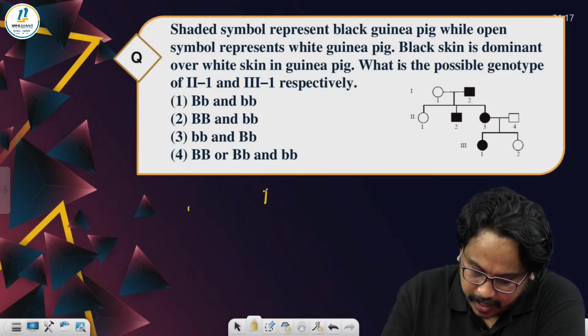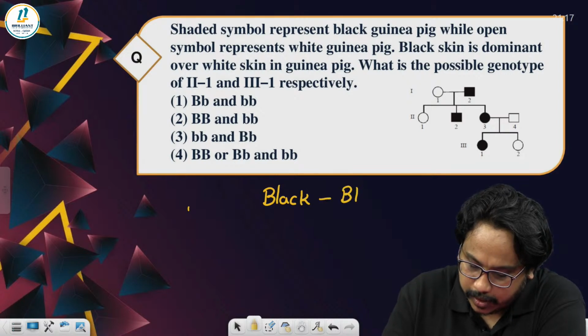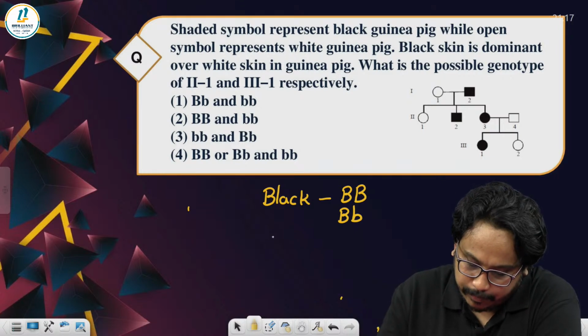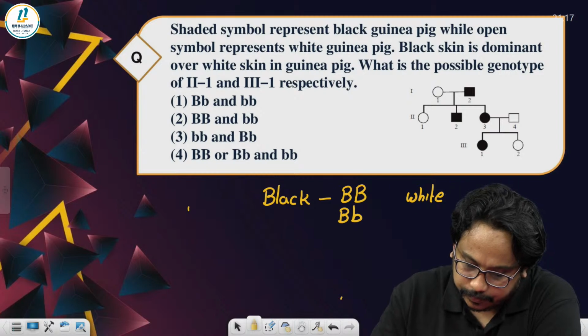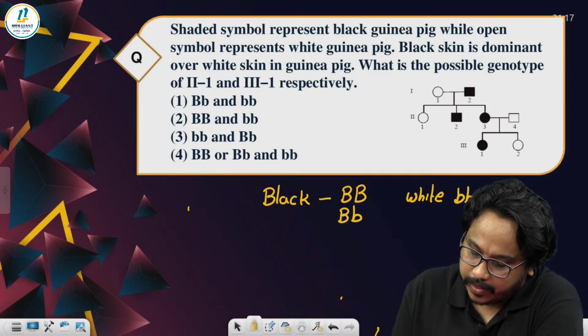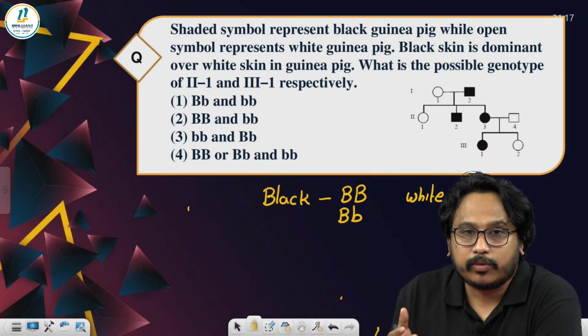If I am taking black, it can have two genotypes, either homozygous or heterozygous. Then white guinea pigs have only one genotype, that is small b, small b. Now let's write and see which one is applicable. Anyway, it can be applicable for both male and female.